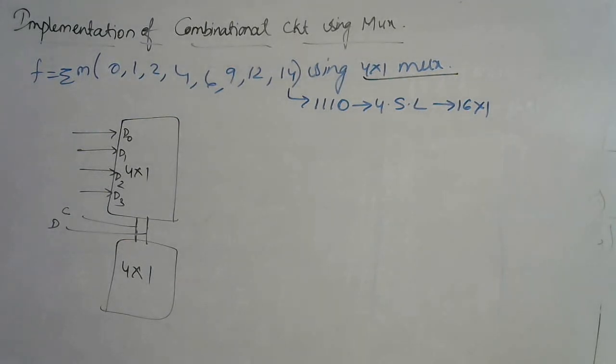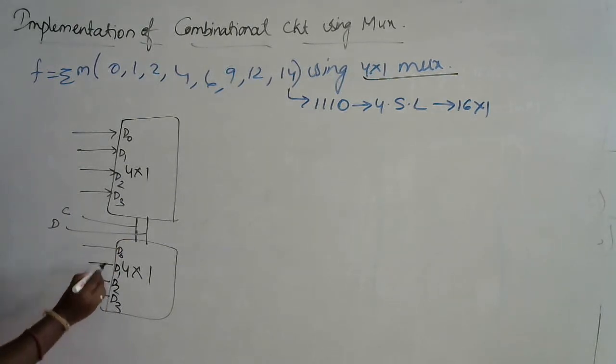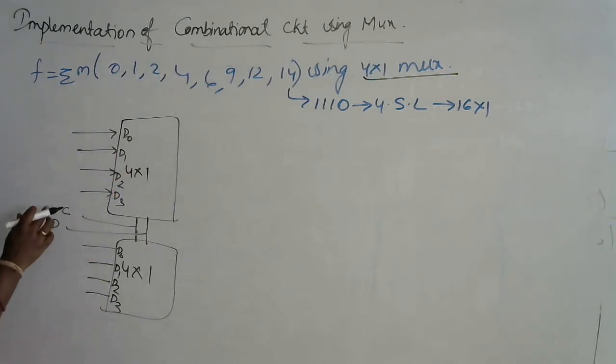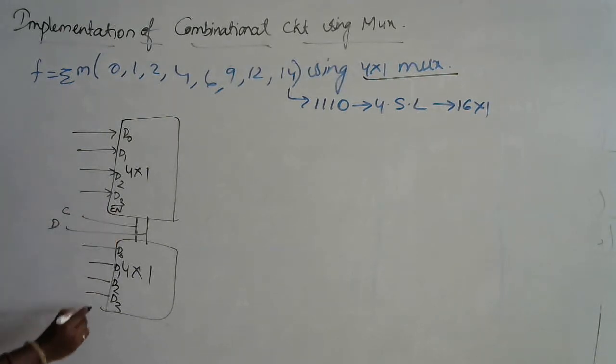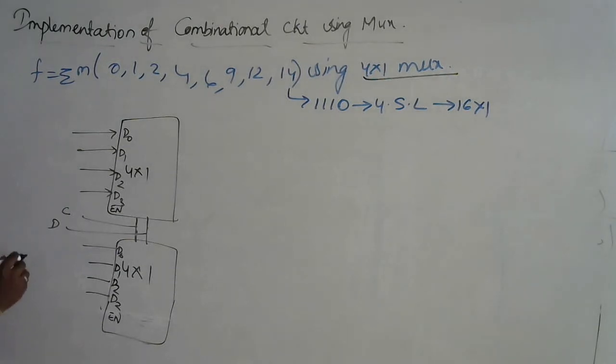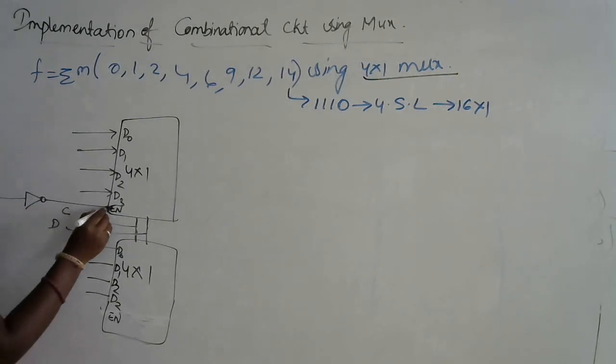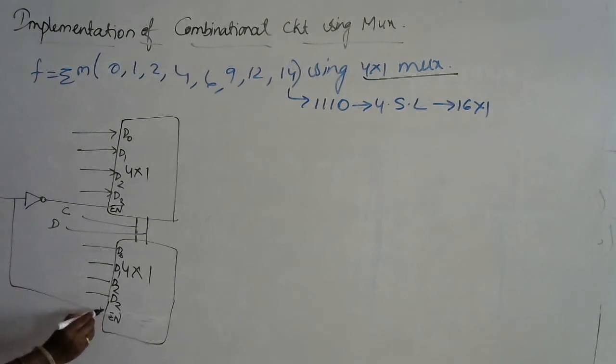And the other one is also D0, D1, D2, D3. But here, if you take B, C, D, each has one enable pin. If I assume the enable pin is active high, let me take this as B. If I draw it through the NOT gate, one is the enable and this is the other one.